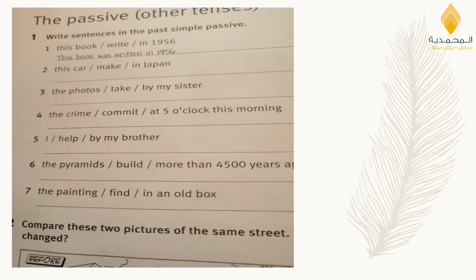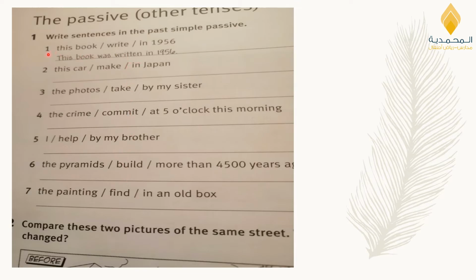Now, let's go to workbook page 80 and start exercise number 1. Write sentences in the past simple passive. When we say past simple passive, that means we have to use was or were depending on the subject, and we take the main verb of the sentence and change it into verb 3.